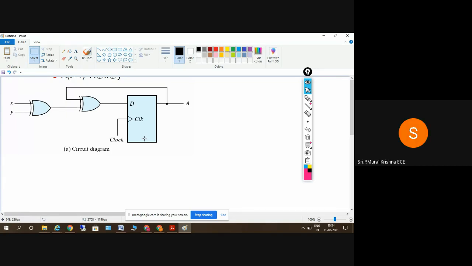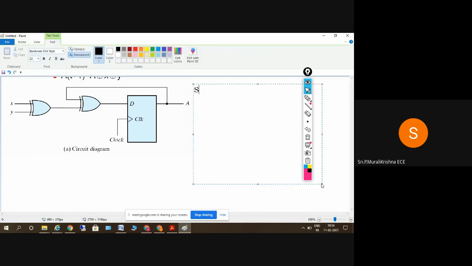Find the state equation. I have only one flip flop here. So A of t plus 1 is equal to.